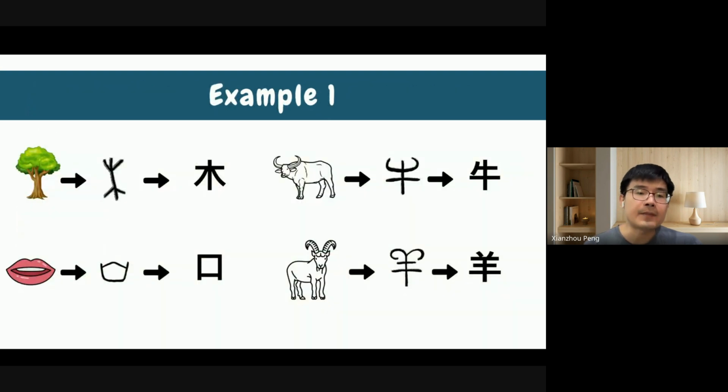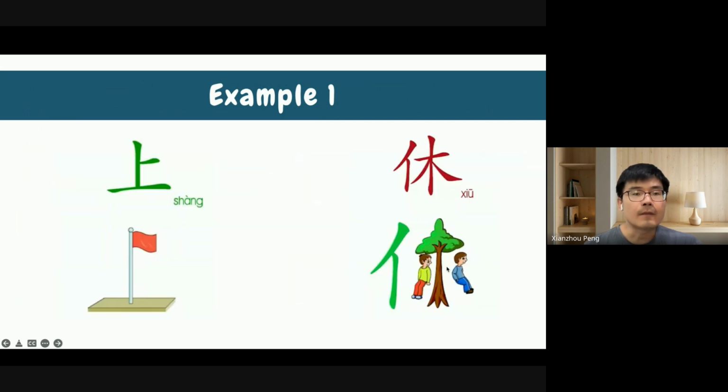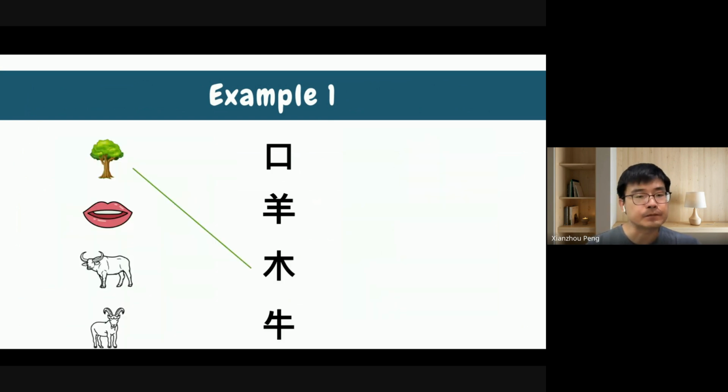Here you can see an example where images and videos are used to show the origin and evolution of characters. For instance, 木, 口, 牛, and 羊. Also the video for 上 and 修. We explore each character with its meaning, then we play matching games to connect the images with characters.